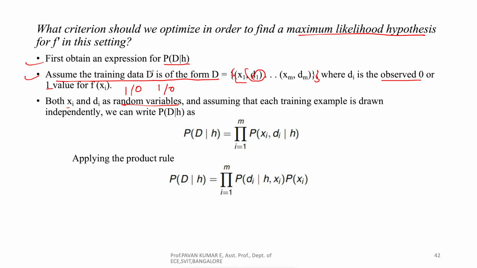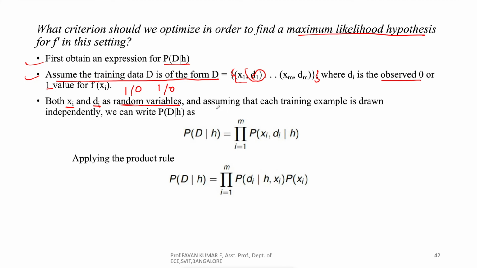That's why we are declaring random variables for both xi and di. And di, I already told you what that is: di is an observed 0 or 1 for the value of f of xi.